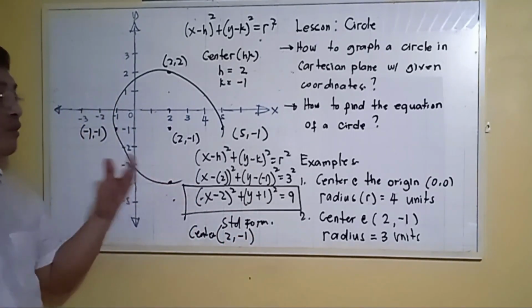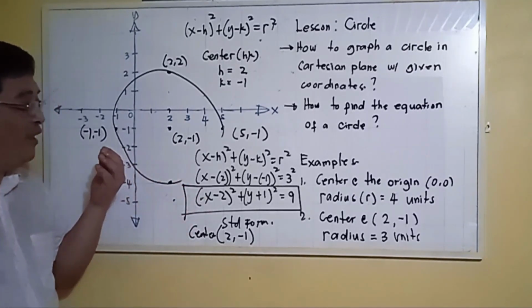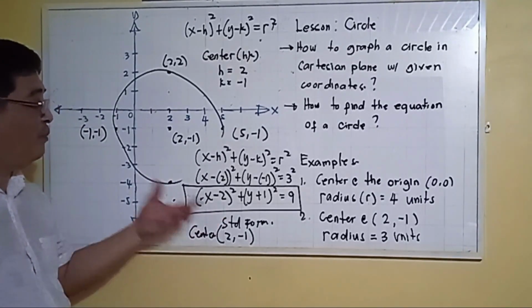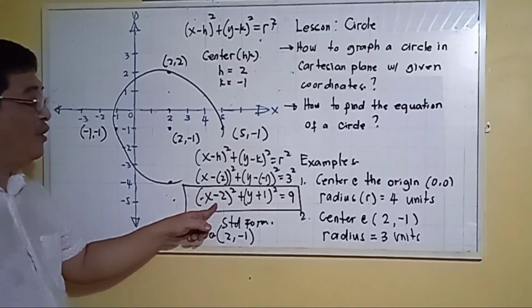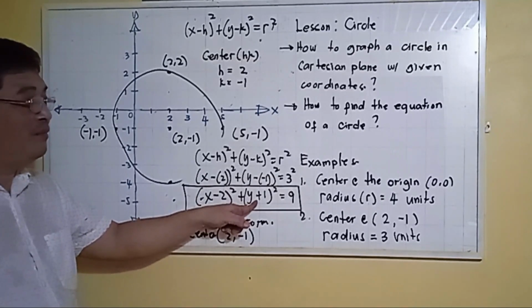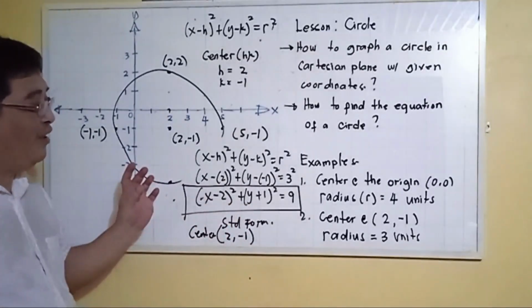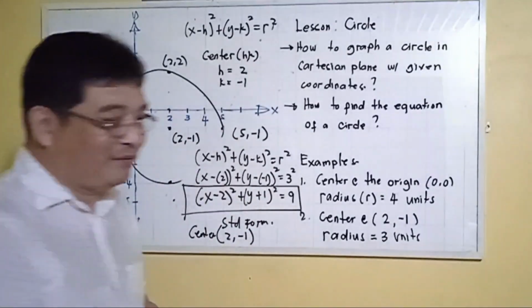Since this is the equation of the circle in standard form, ano naman yung equation of the circle in general form? I-expand lang natin to. Hindi ba pag in-expand natin to, magkakaroon tayo ng (x − 2)(x − 2). Ito naman, (y + 1)(y + 1). Expand lang natin yan. And then, yung constant, lipat natin sa kanan or pwedeng equate natin sa 0.